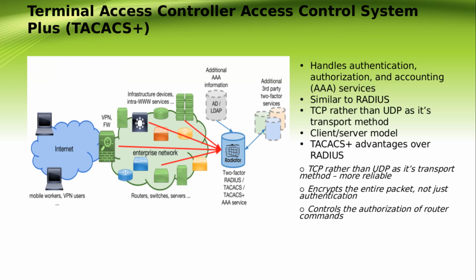TACACS Plus servers should not be running other applications. To minimize the chance of compromise of the entire user password database, proper access control lists should be implemented, and additional security steps such as using TCP wrapper should be taken to prevent the ability to connect to the TACACS Plus server in case an internal device is compromised.